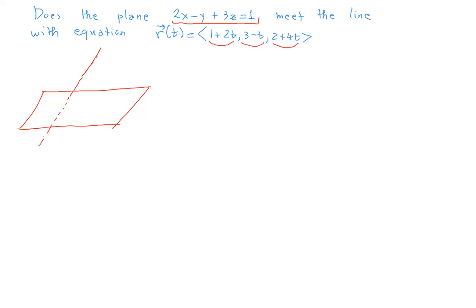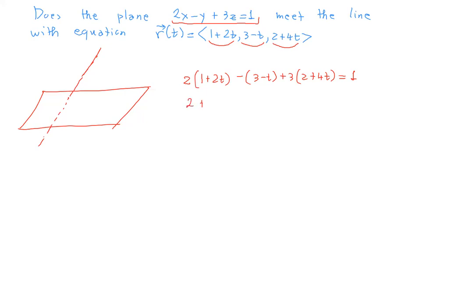And if you find no solution, then the plane and the line won't be meeting at all. So what is the case here? We have 2 times (1 plus 2t) minus (3 minus t) plus 3 times (2 plus 4t) is equal to 1. We need to solve this for t. Let's see if we can do this.